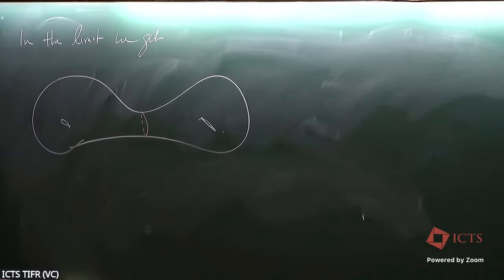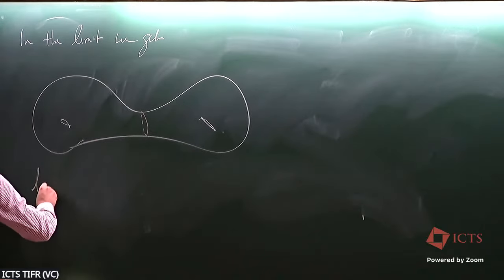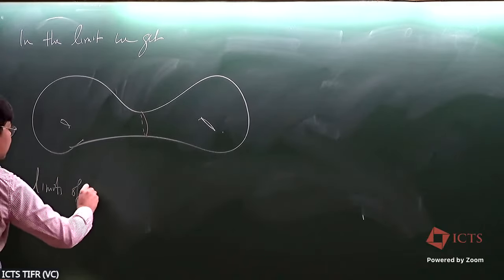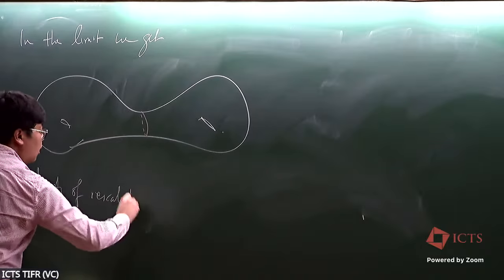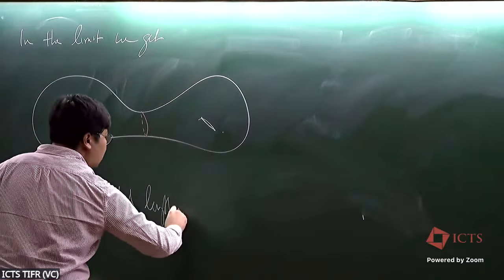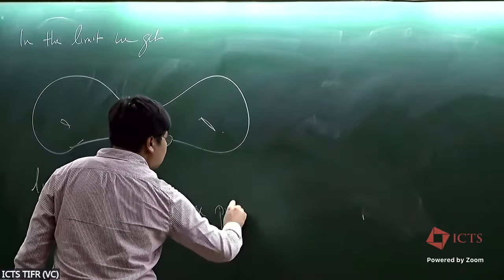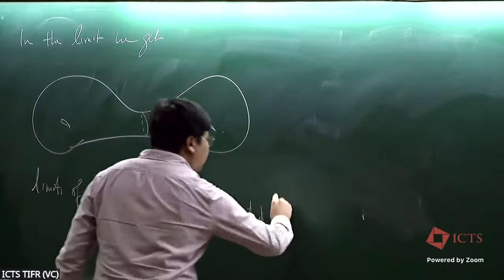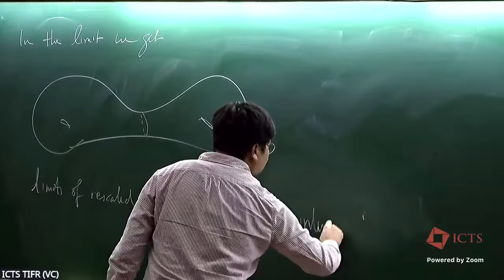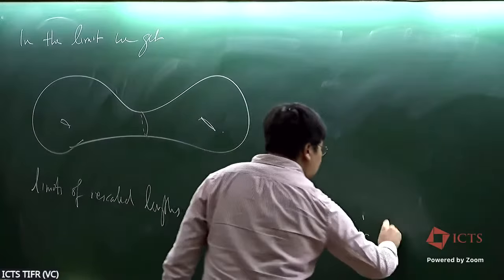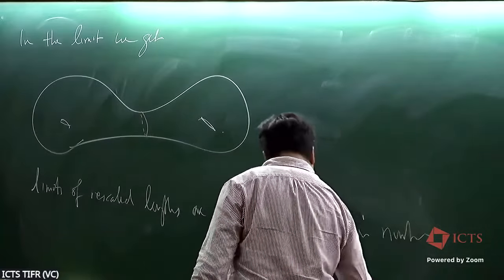And the point is that limits of rescaled lengths are predicted by intersection number.